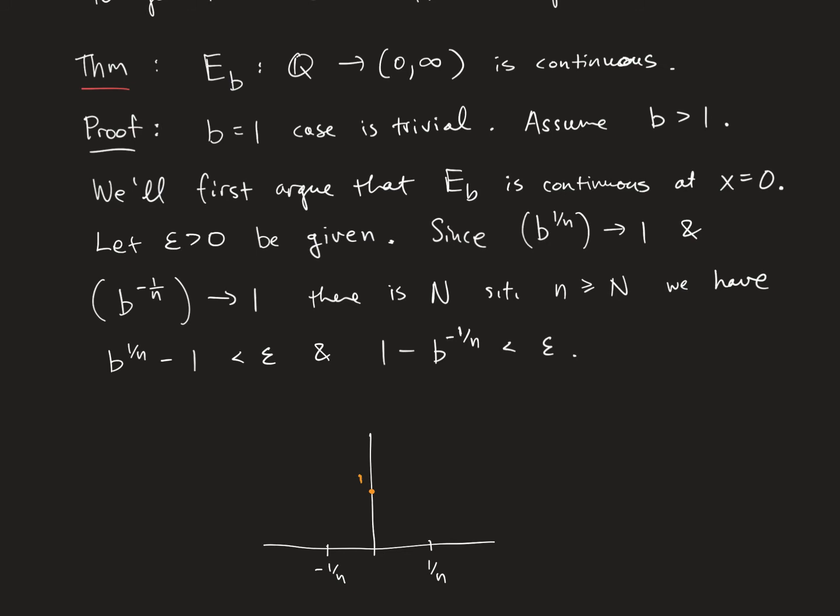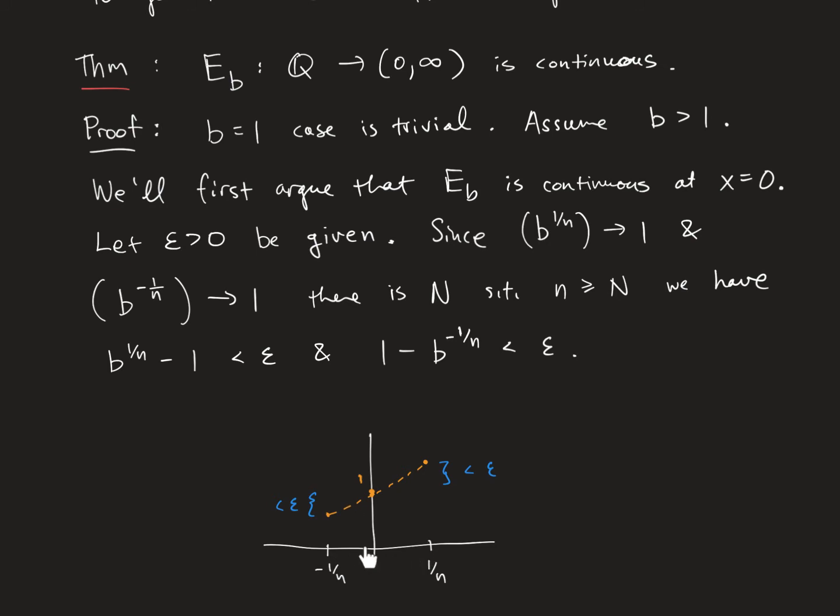So b to the 1 over n is here, b to the minus 1 over n is here, and what we have is that these gaps, the vertical distance here, is less than epsilon. So this distance here is less than epsilon, and this distance here is also less than epsilon. And then we have the graph of this function over the rationals. It's increasing, right?